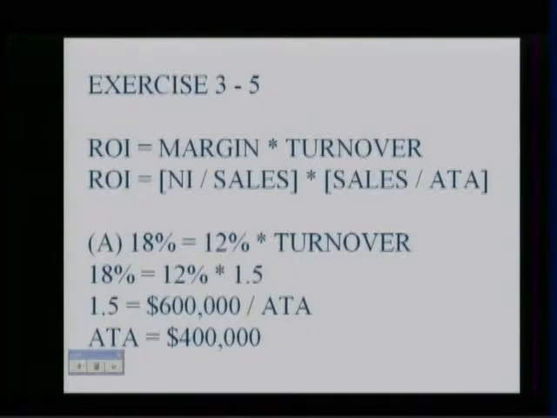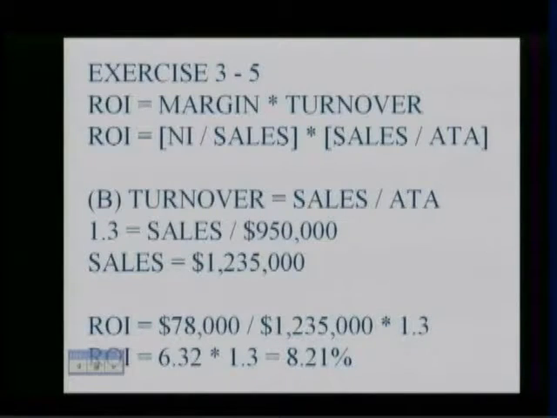So now that you know that your turnover is 1.5, you know that your sales are $600,000, you want to compute your ATA. So you simply take 1.5, set it equal to the 600,000 divided by ATA. As you solve for that unknown in your formula, you'll find out that your average total assets equal $400,000.